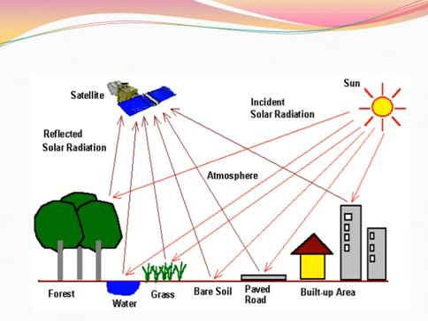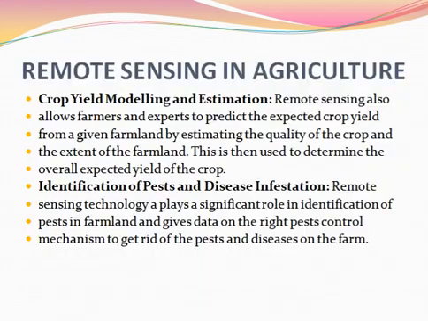Then remote sensing in agriculture. It is carried out for crop yield modeling and estimation. In this, farmers and experts predict the expected crop yield from a given farmland by estimating the quality of the crop and the extent of farmland.